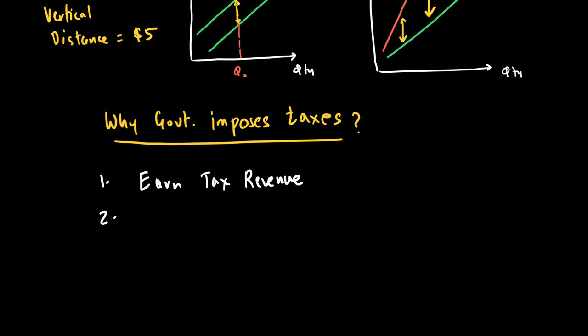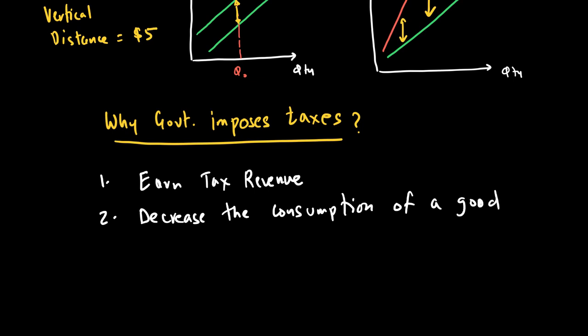The second reason we say government may want to put indirect taxes would be to decrease the consumption of a good. And when we say decrease the consumption of a good, we're looking at two examples.